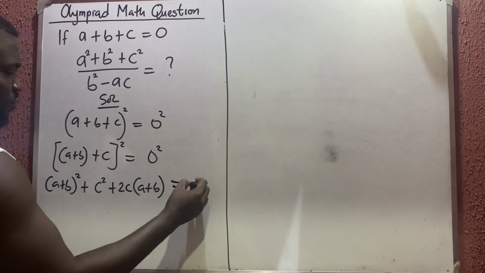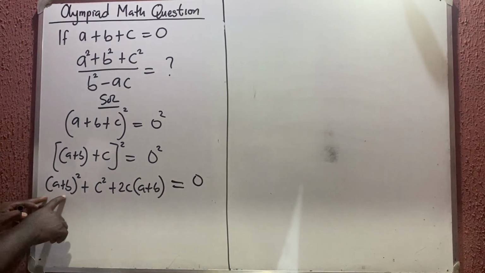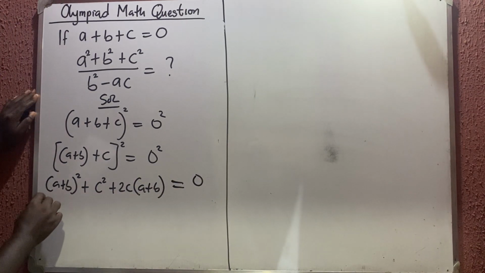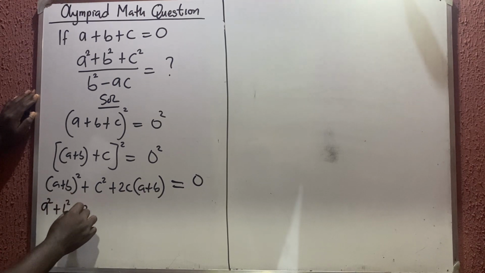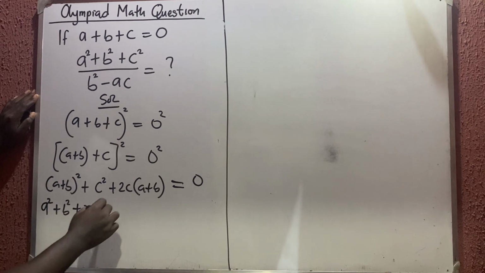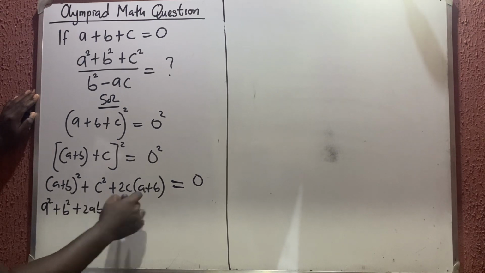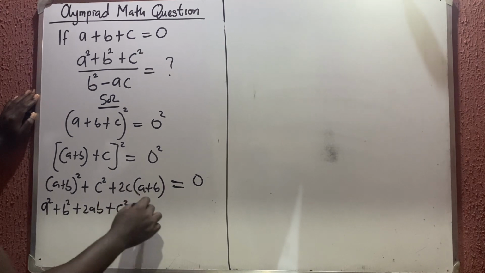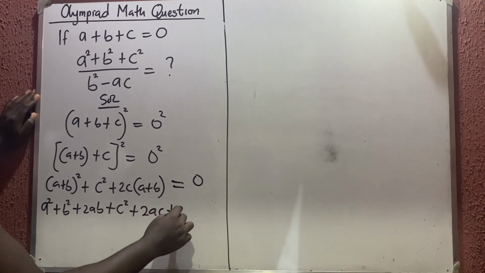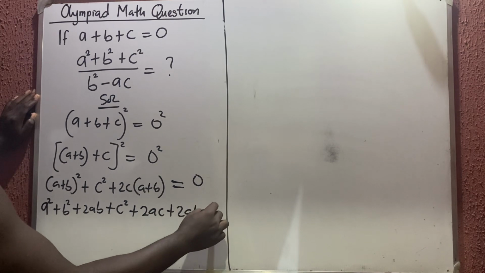So this squared is giving me 0. Now to open this one again, you square the first one, you square the last one, then you multiply the first one and the second one, double it like I did before. Then plus c squared, then let us clear the bracket. This time this will give you 2ac plus 2ab is equal to 0.